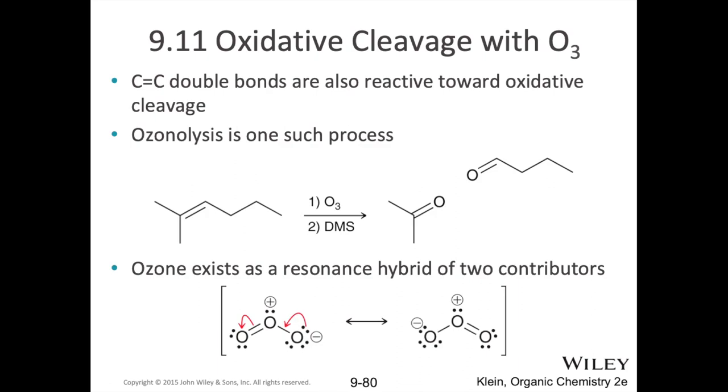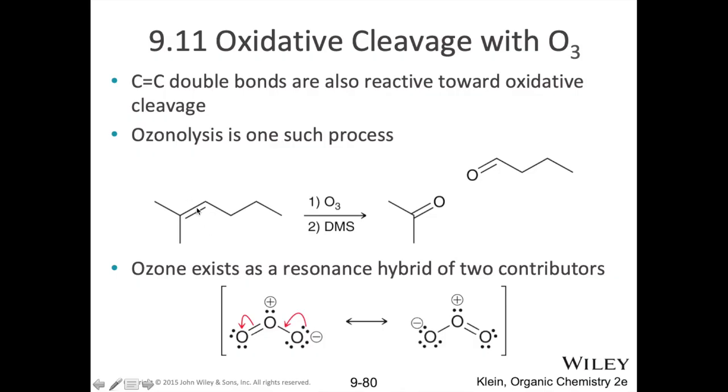Okay. Another reaction we can do with alkenes is what's called oxidative cleavage, or ozonolysis. If you use ozone, you can split your double bond into two carbonyl compounds. If you want to picture what's going on, just cleave this in half and put an oxygen on each side.